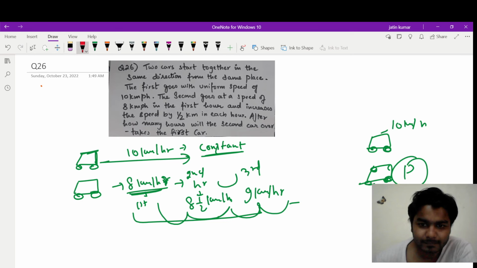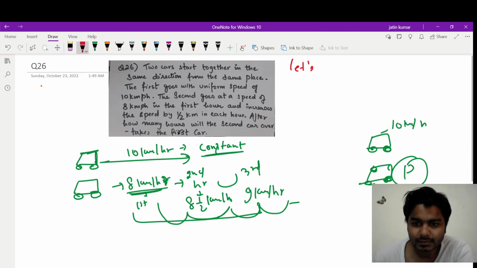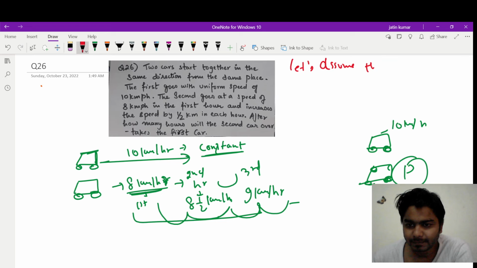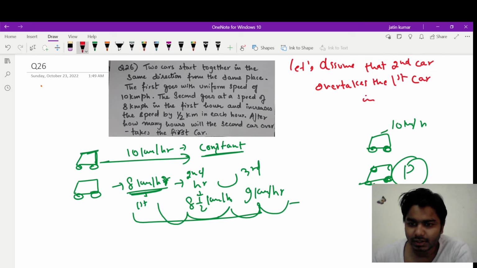So let's assume that the second car overtakes the first car in t hours, right?